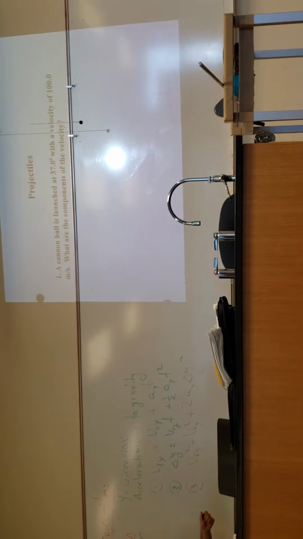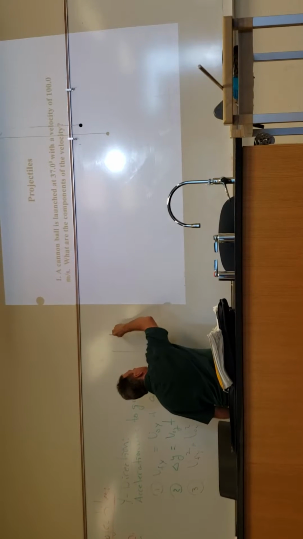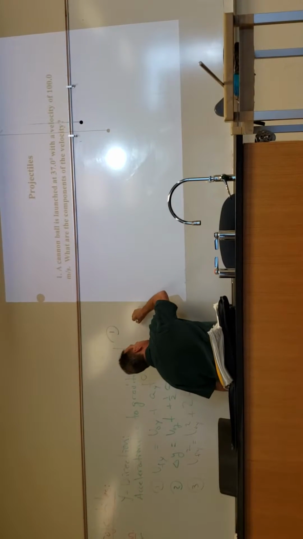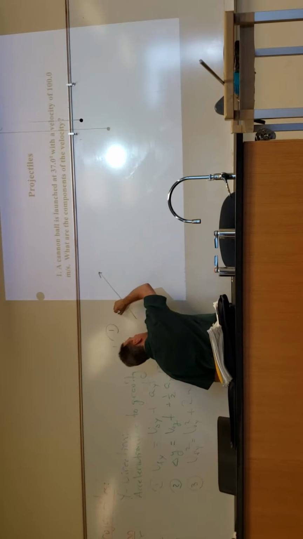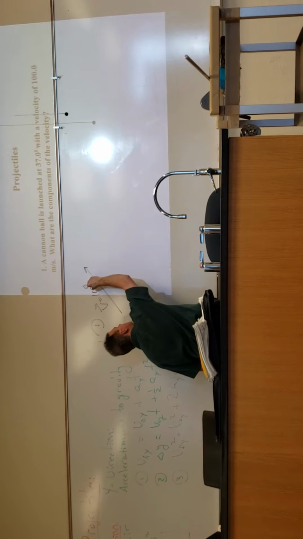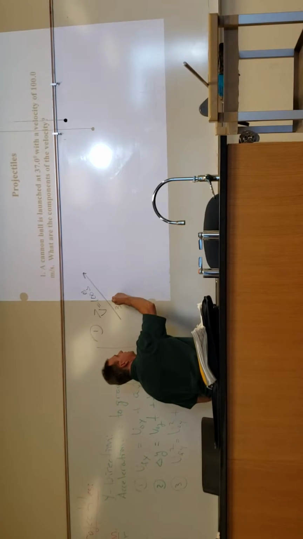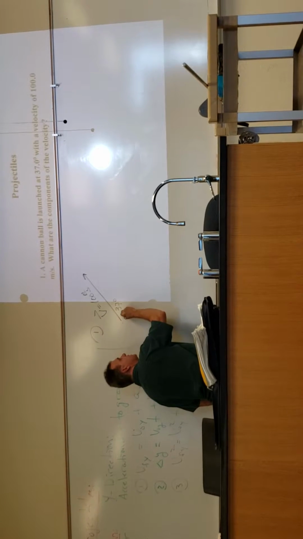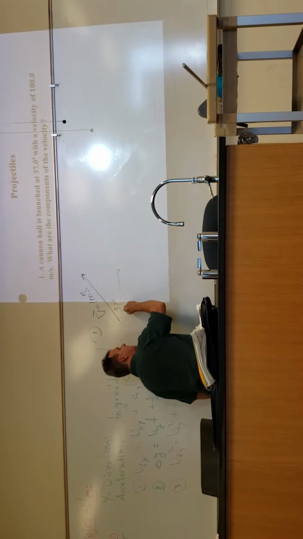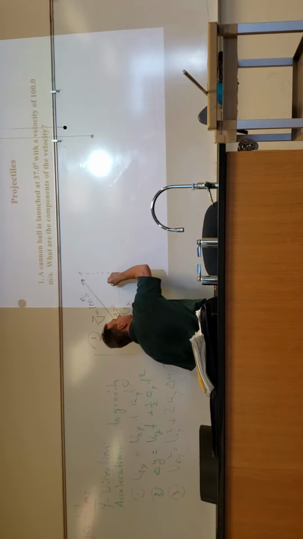When I read something like this, the first thing I'm going to do is sketch out what's taking place. The velocity of the object is 100 meters per second at 37 degrees with the horizontal. Some of that 100 meters per second is sideways, and some of that is initially up and down.